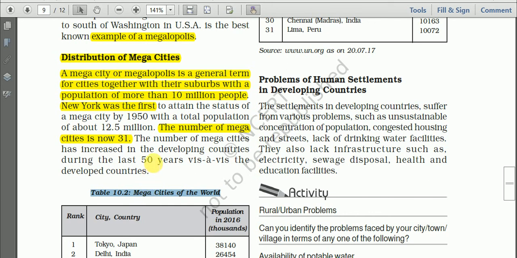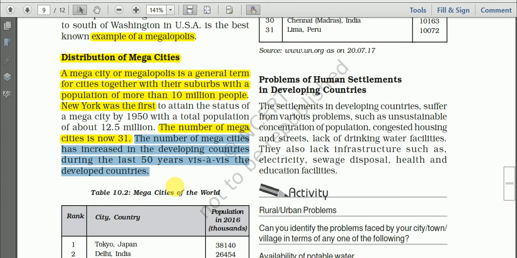One more point we have to know: the number of megacities has increased in the developing countries during the last 50 years vis-a-vis the developed countries.